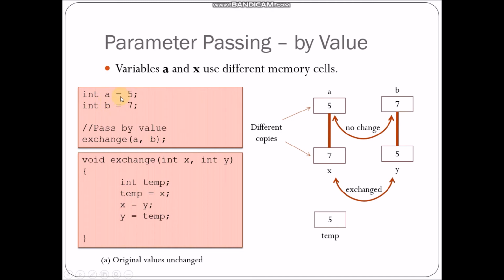So you will have int a equals 5 and int b equals 7. So this is for the main function. You will have the memory cells for a and also for b. So a has the value 5, while b has the value 7.